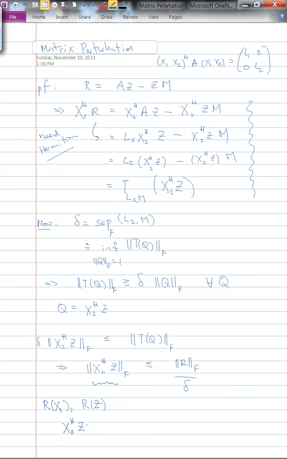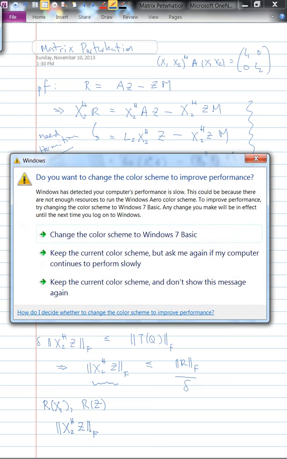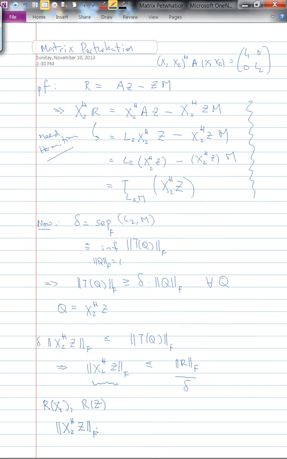And therefore, the Frobenius norm is just the square root of the sum of squares of the singular values of this matrix. We just said that the singular values are the sines. So this is exactly equal to what we want.